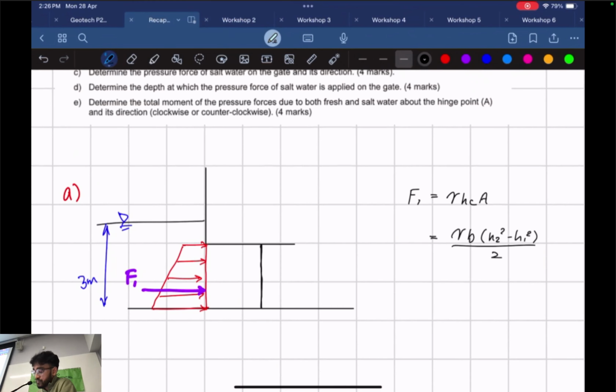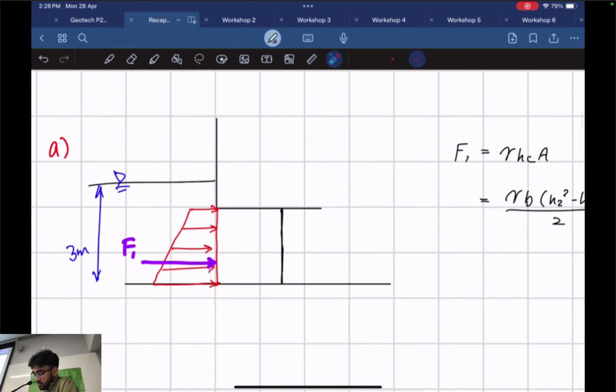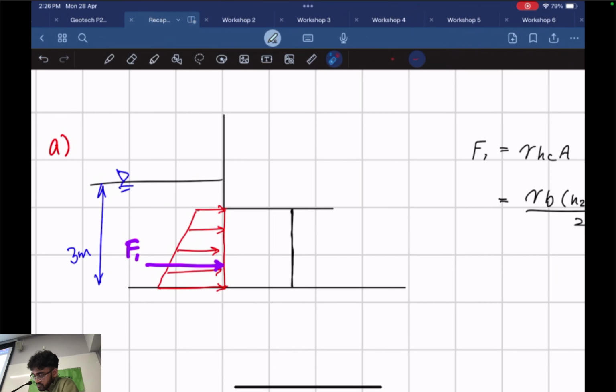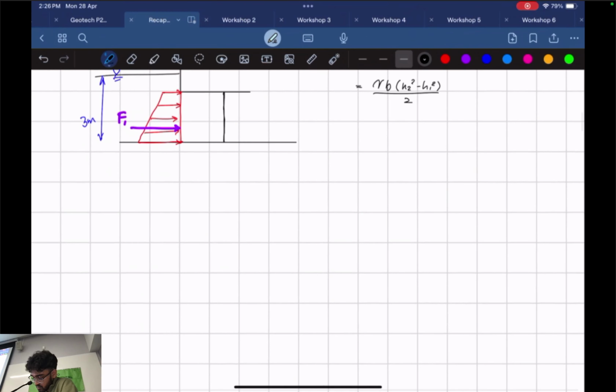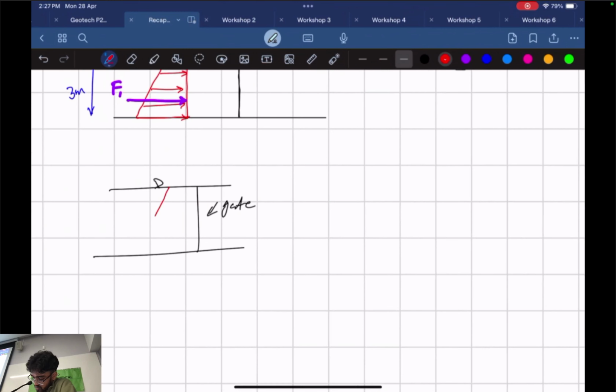Why is it not triangular? Because our gate is already below the surface of the water. I'll give you an example. This is our gate. The pressure distribution from the top of the water will look something like this.